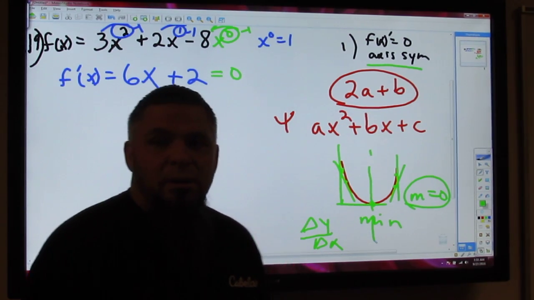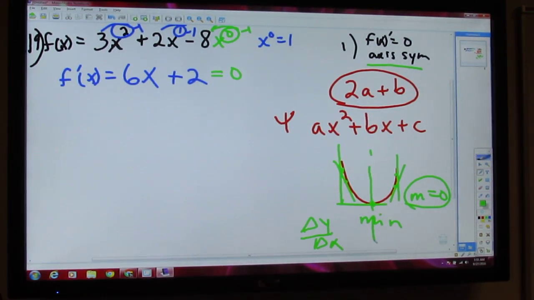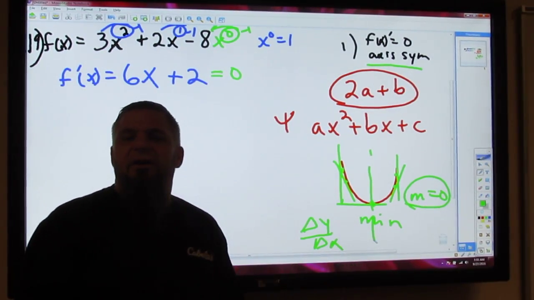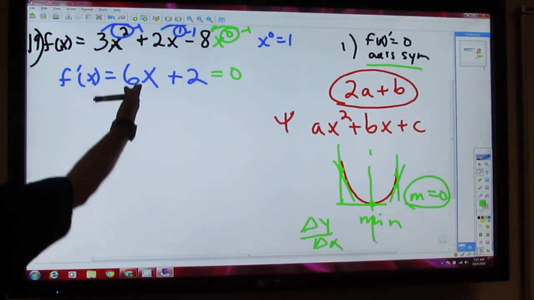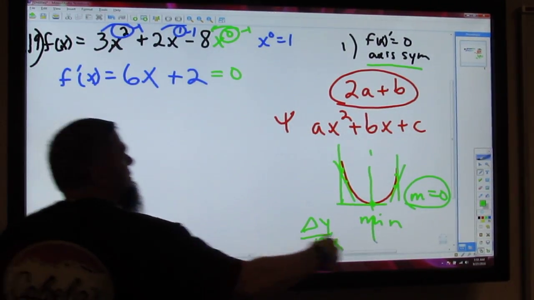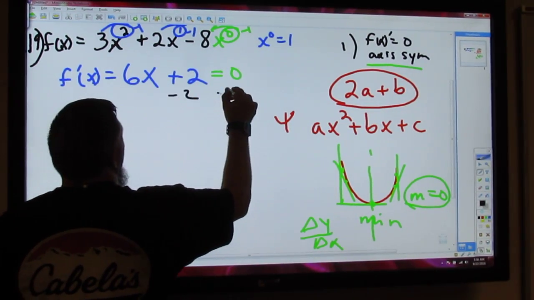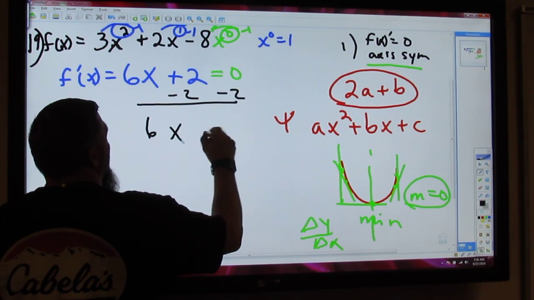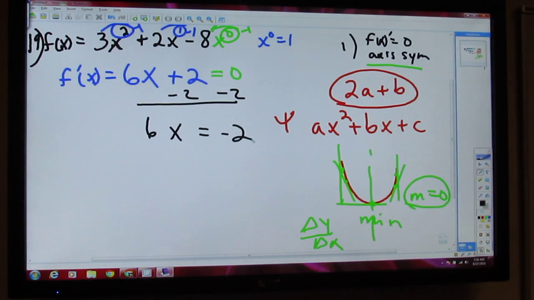So as long as we can find this value for x, then we'll plug it back in to find the value for y. Does that make sense? But first we've got to find the value for x. And so we just do the math. Minus 2 on both sides, I get 6x is equal to negative 2.